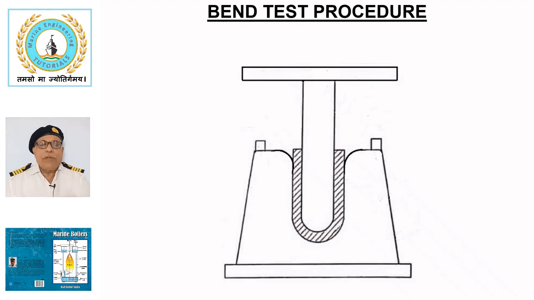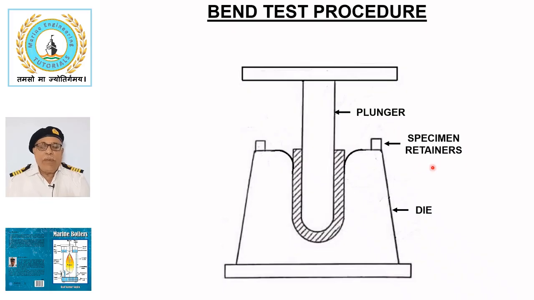Bend test procedure. The sketch shows a bend test machine used to check the ductility and crack resistance of the material. The machine consists of a die and plunger with dimensions specific to the size of the specimen.